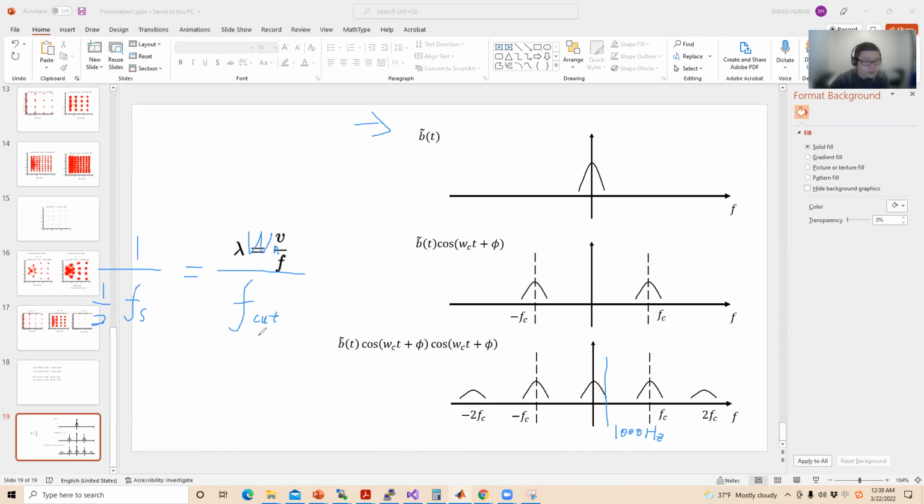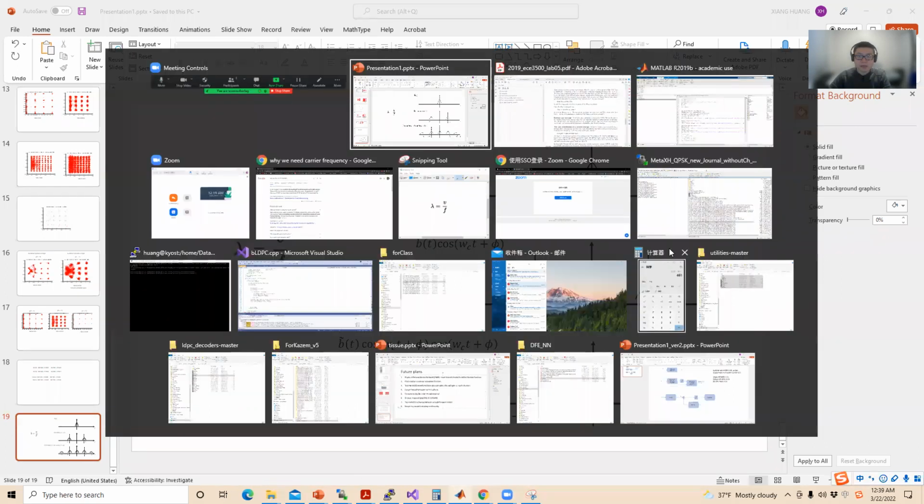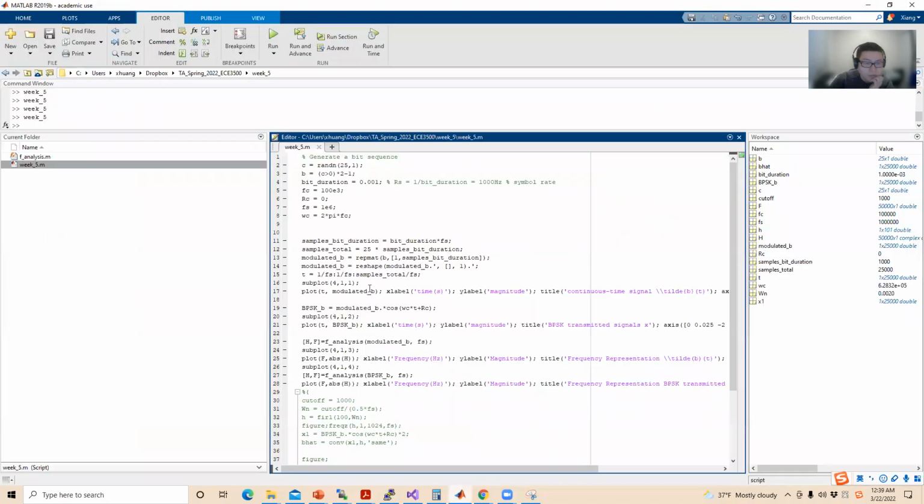So omega n should be computed from FC and this 1000, just using this equation, as you can see in my MATLAB.